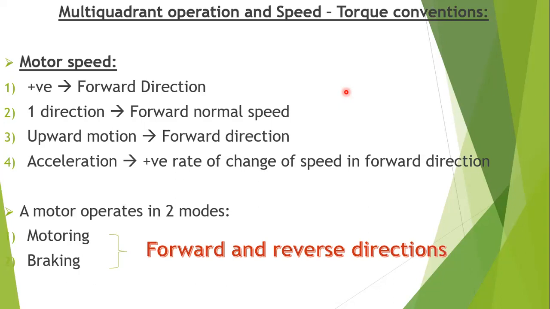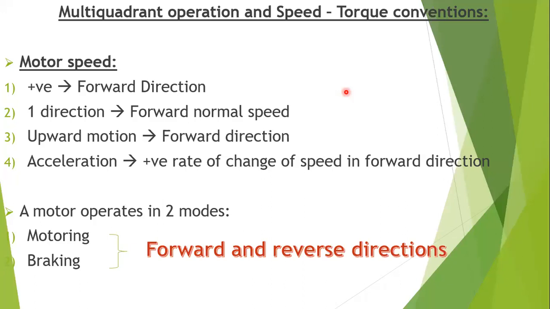If the motor has only one direction, as in non-reversible drives, that one direction is taken as forward normal speed and kept positive. If the motor is in upward motion also, we take it as the forward direction. So for all forward directions we take the positive sign only.